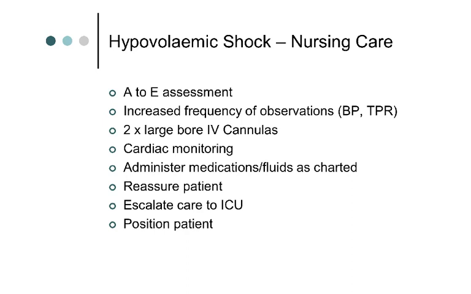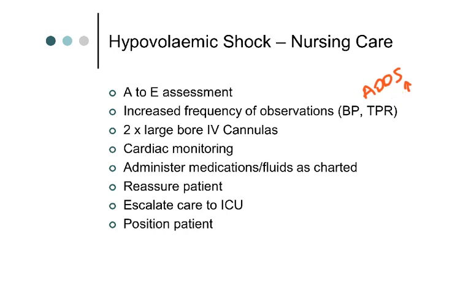So we need to do an A to E assessment on our patient. And we should increase the frequency of observations, paying close attention to their ADS score, and act on this accordingly. If the ADS score is increasing, we need to let the doctor know and call a MET call if need be.